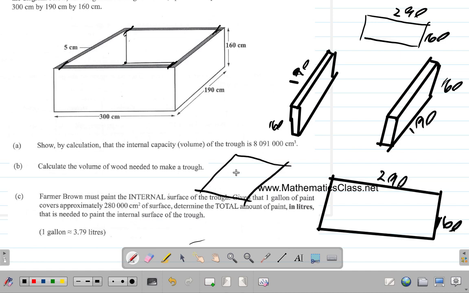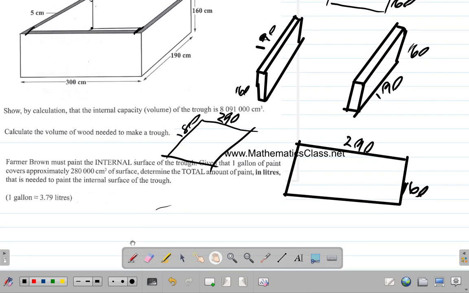The base height. The inside, you can't see it. So I would have 300 minus 10, that's 290, and this one would be 190 minus 10, that's 180.